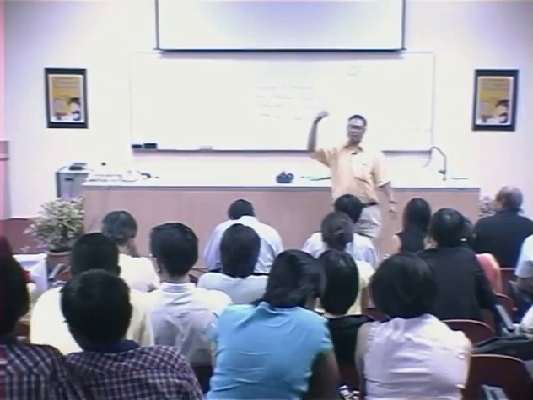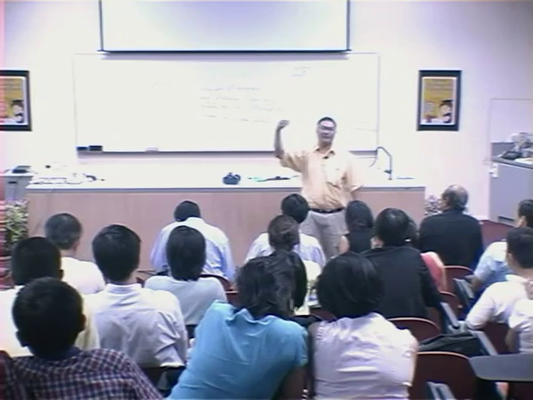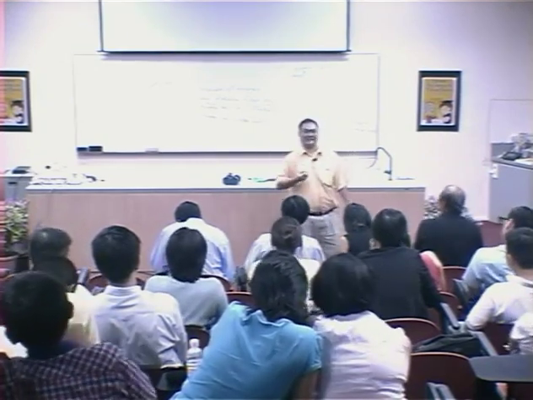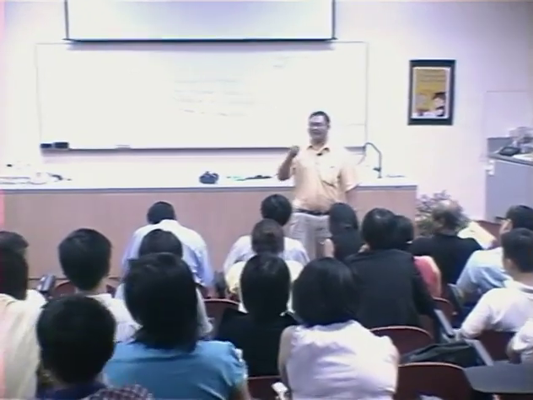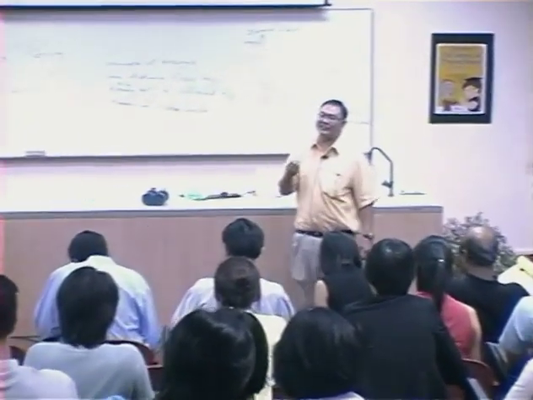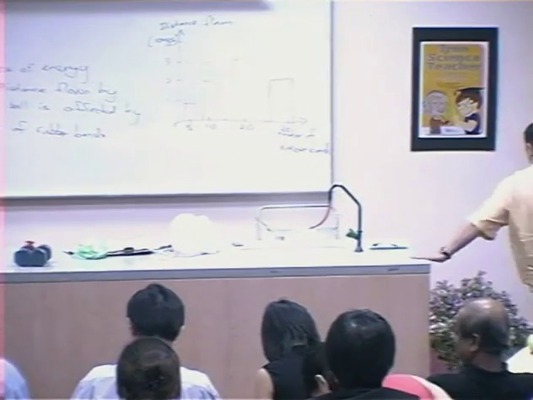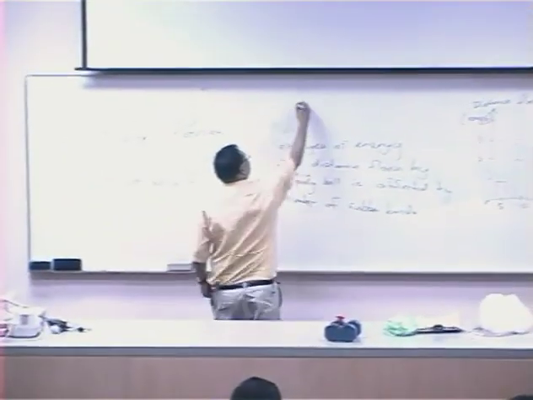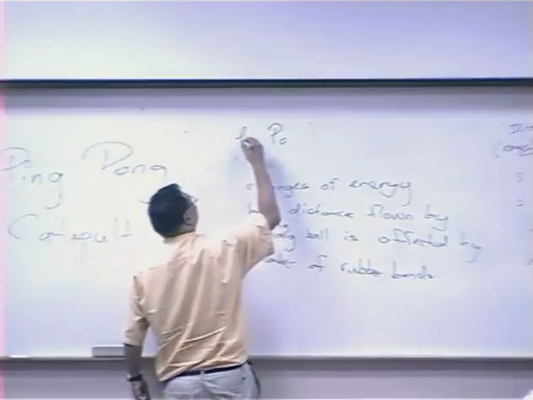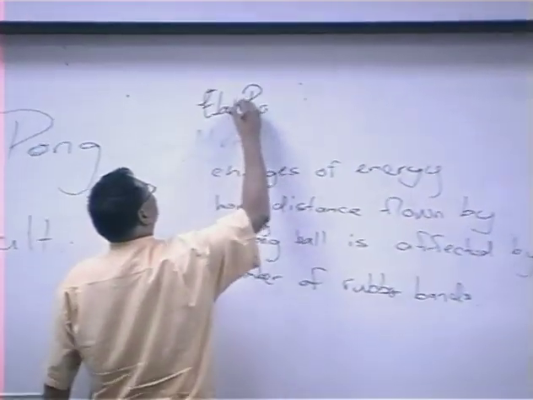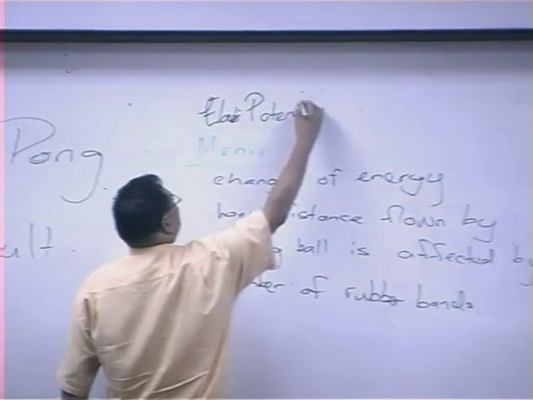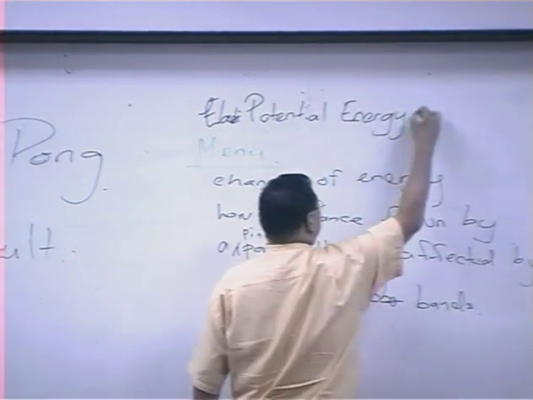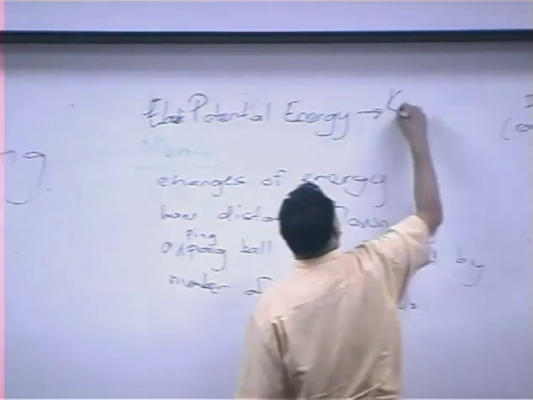When a ping pong ball or any object is moving, there's a different type of energy. So what would be that type of energy? Very good, that would be kinetic energy. So there was a change of energy from potential. We started off with elastic potential energy, and this changes form into kinetic energy.